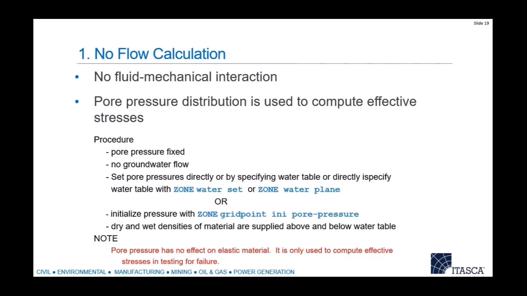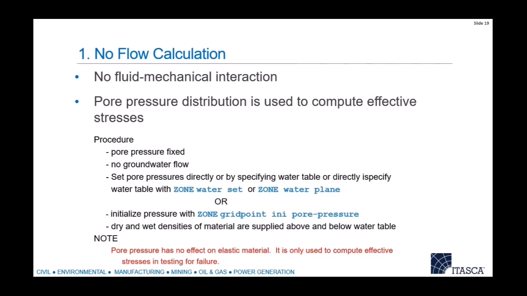It's important to note that when I said you don't have to config fluid, whether you config fluid or not is important for a couple of things. One of them is that the solid density, the material density, is treated differently in FLAC2D depending on whether you config fluid or not. You should keep this in mind, because if you don't config fluid and you're just setting pore pressures, then material density is material density, it's not changed.